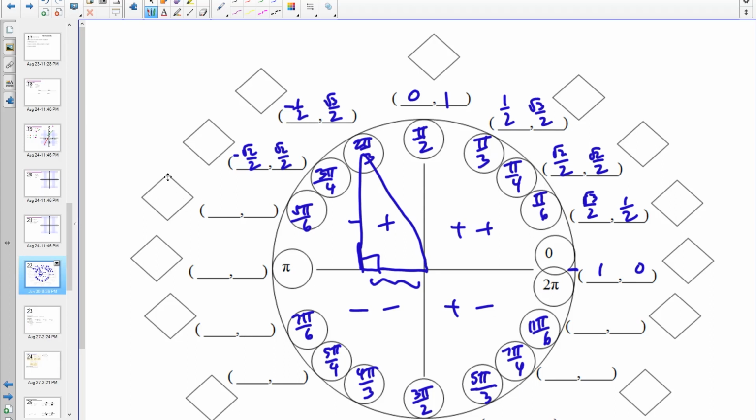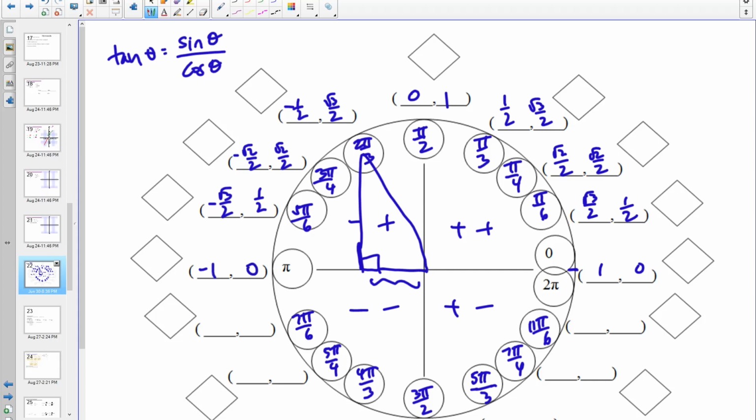I want to put the tangent value into these diamonds, and that's something you're probably not used to. But remember, tangent is actually equal to sine theta over cosine theta. So let's just put this in. This one's negative square root of 3 over 2, positive 1/2. And this one's negative 1, 0.